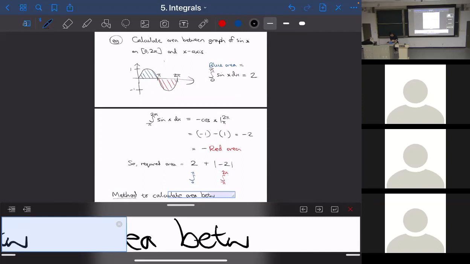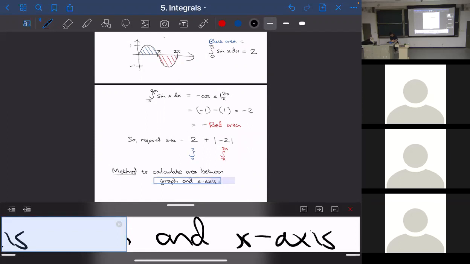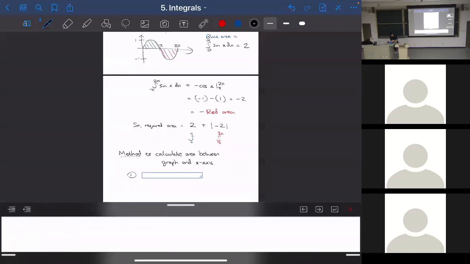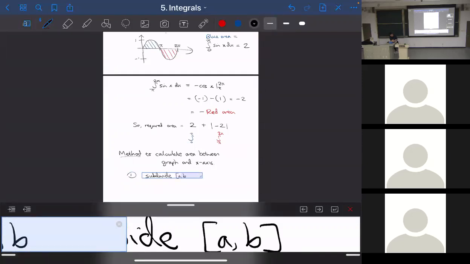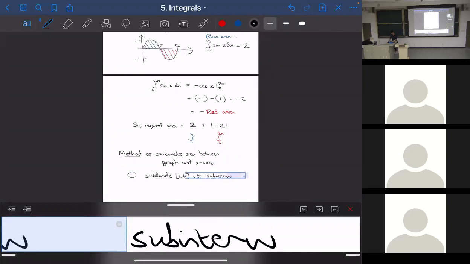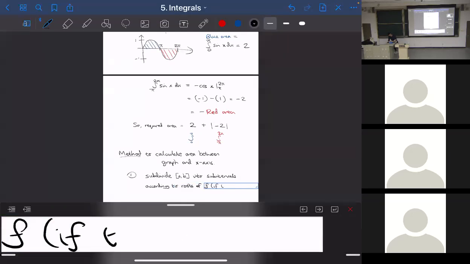So to calculate the area between the graph and the x-axis: first, we subdivide AB into subintervals according to the roots of f, so the places where f is 0, if they exist, they may not.